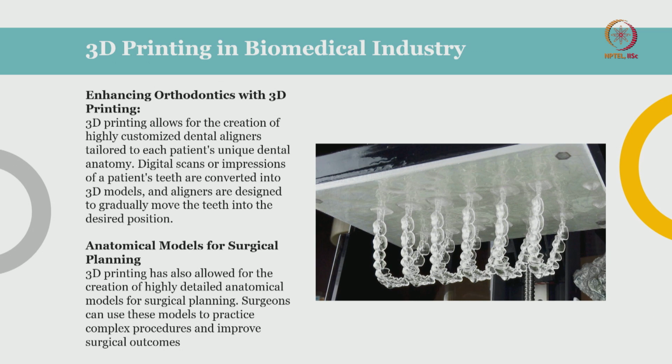So doctors or technicians will get the 3D image of one's mouth, and then they can use those 3D models to make dental aligners or retainers. You can see those things in this picture. So doctors can make those dental aligners with exactly the dimensions an individual needs.